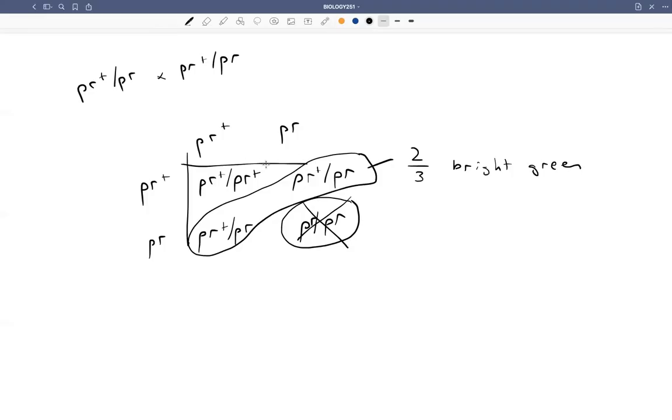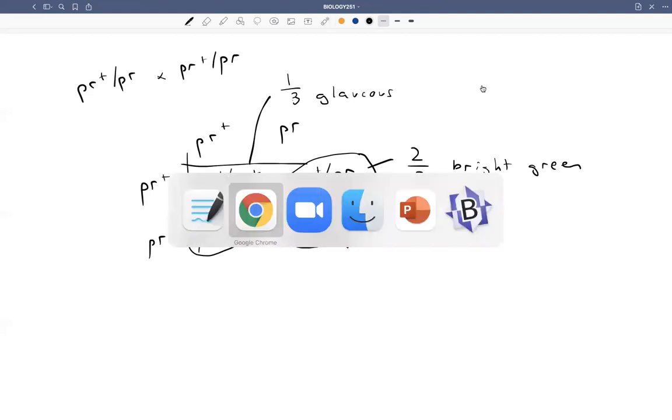Glaucus, green gray. So instead of getting 4 possible outcomes, we have 3 possible viable outcomes, and 2/3 bright green, 1/3 glaucus color.